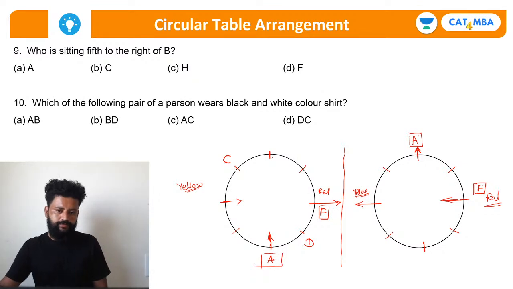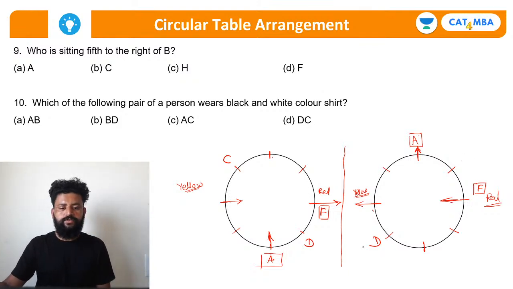The same way, in this possibility, if you take D here, 1, 2, 3, 1, 2, the third place is not empty. So this is the pair, it could be E and that will be 1, 2.